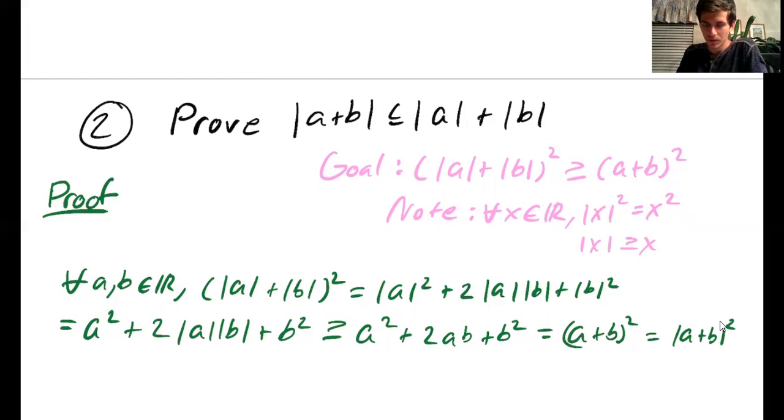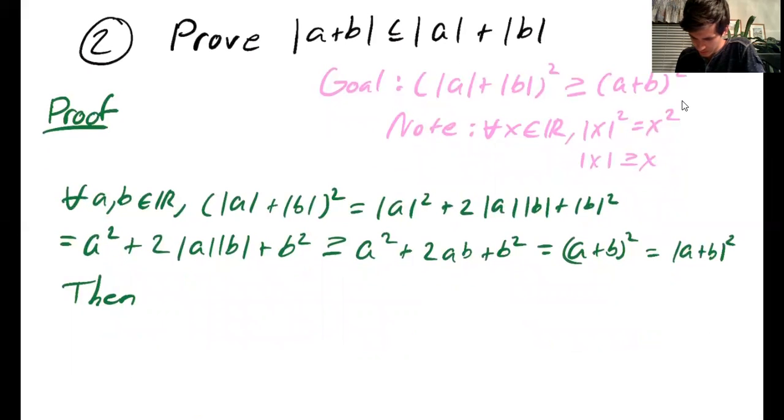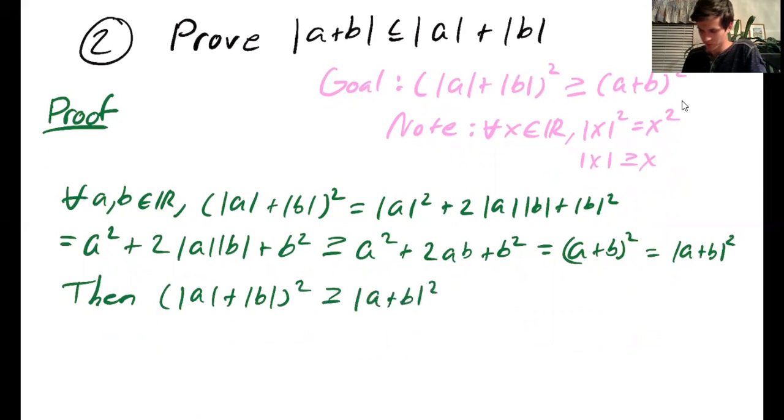And then, okay, let's use the same property backwards. The absolute value of A plus the absolute value of B, squared, is greater or equal to A plus B squared. And that we just proved from that whole above process.